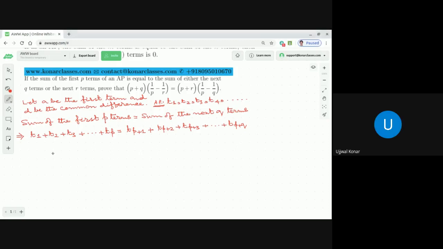So then what can we write here? We are adding to both sides T1 plus T2 plus T3 up to TP. Sorry, not T5, I made a mistake.